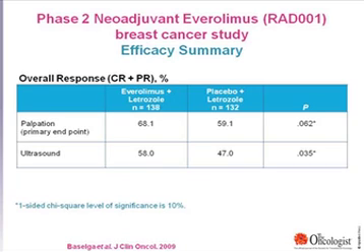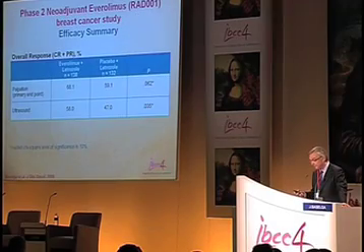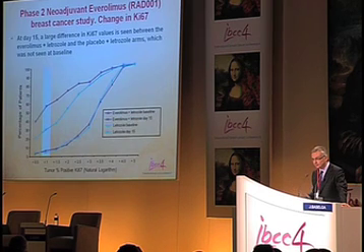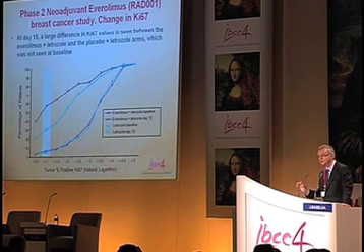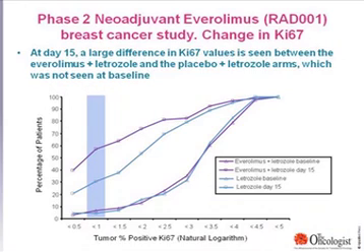We were looking at clinical signs of response, either by physical exam or by ultrasound. It's just a phase 2, but it was clearly an indication that this could be an interesting approach. But even more important, what was telling was what was happening at the proliferation level. As you know, Ki67 is an important marker of efficacy of anti-estrogen therapy in ER-positive breast tumors.